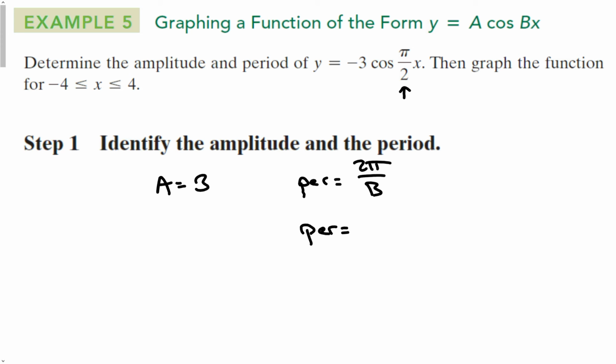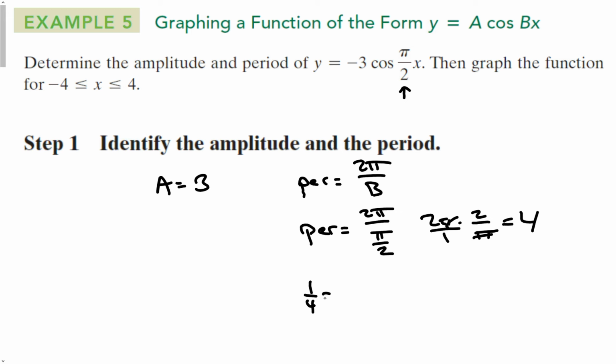So my period is going to be 2 pi divided by pi over 2. Okay, 2 pi times 2 over pi. Right, the pi's cancel out, and we get my period is 4 with no pi's in it. Not going to happen very often because there's a pi in for b. Okay, I can handle that.